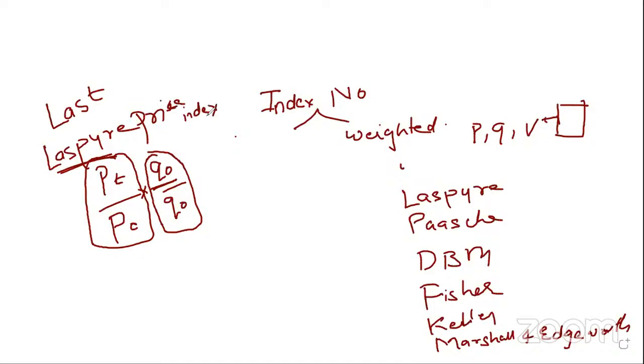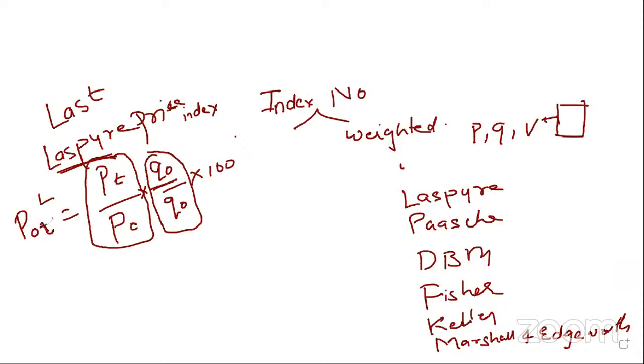Any doubts here? What is the formula of Laspeyres price index? It comes like this: Laspeyres price index of period t with respect to base 0. Base is always 0.